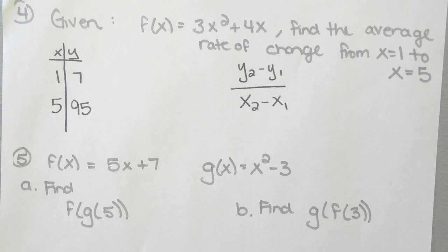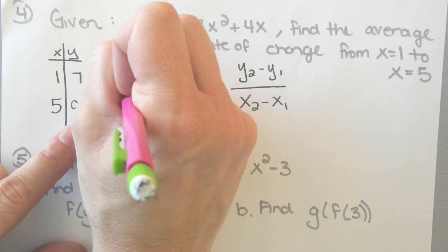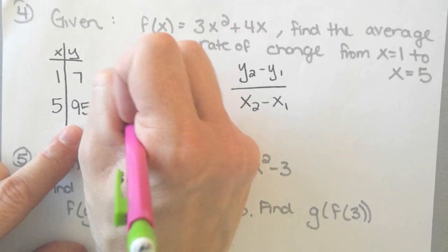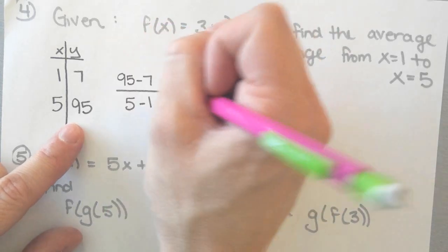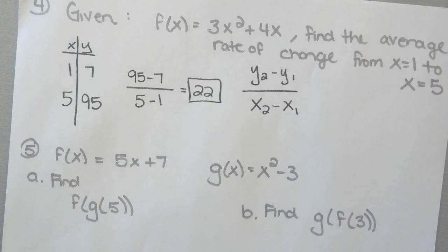That's how I get my 95. And then I did, listening please, 95 minus 7 over 5 minus 1. And it actually came out nice. 22. Yes? Okay.